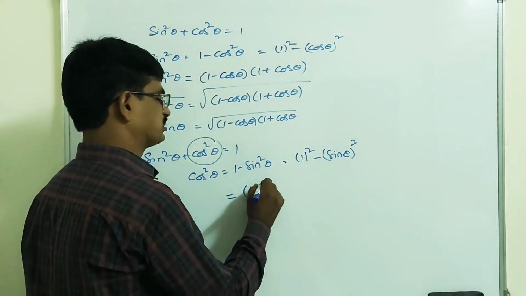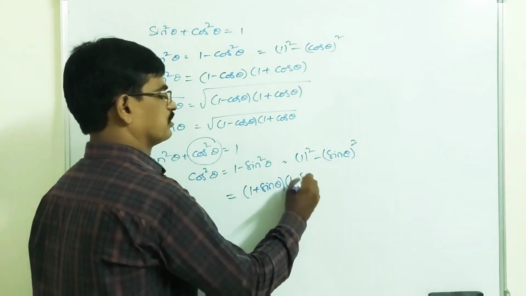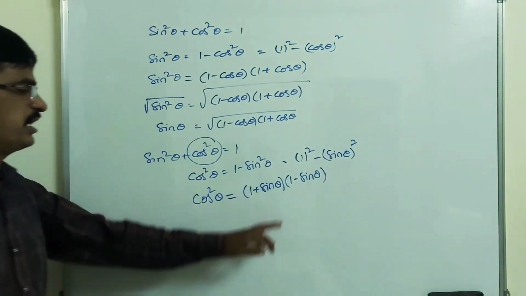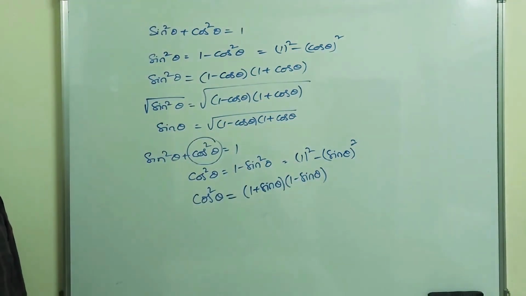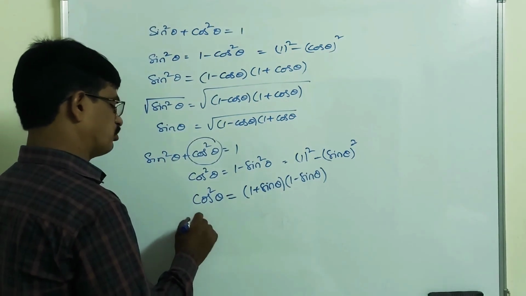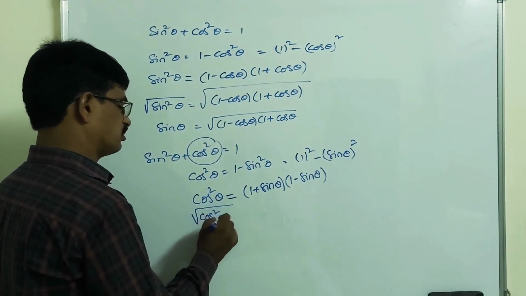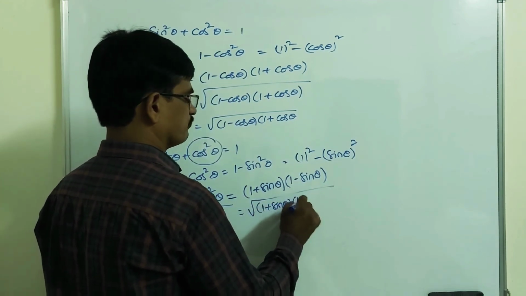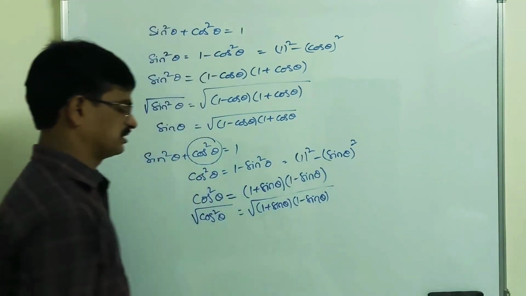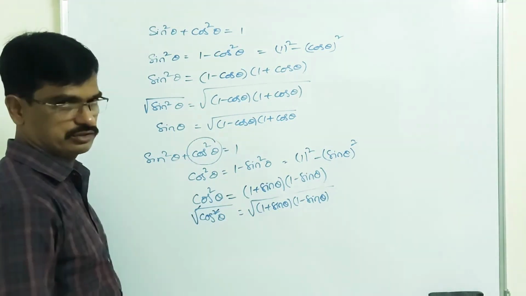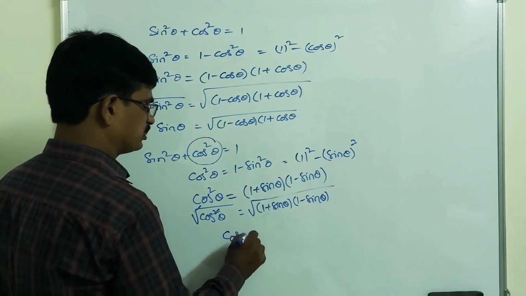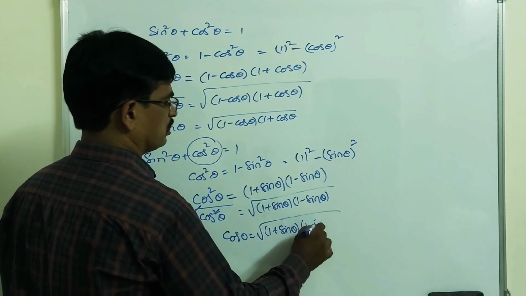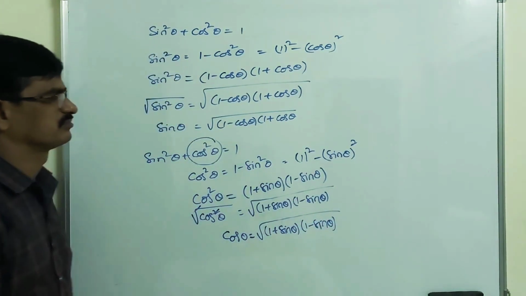It can be written as 1 plus sin theta into 1 minus sin theta. Now, by taking square root on both sides, the square gets cancelled. Then cos theta is equal to root of 1 plus sin theta into 1 minus sin theta.